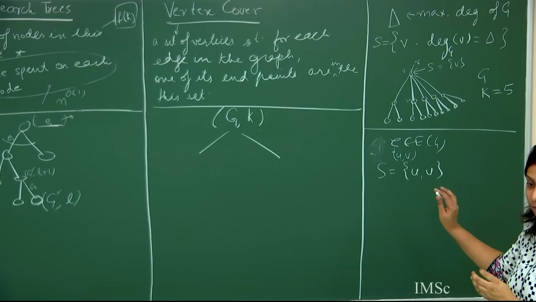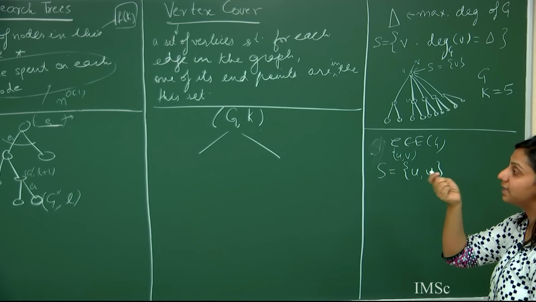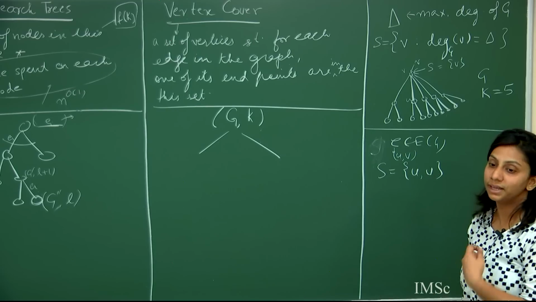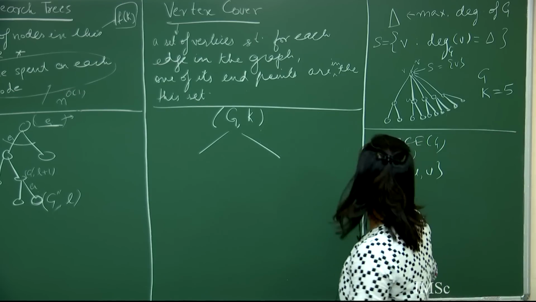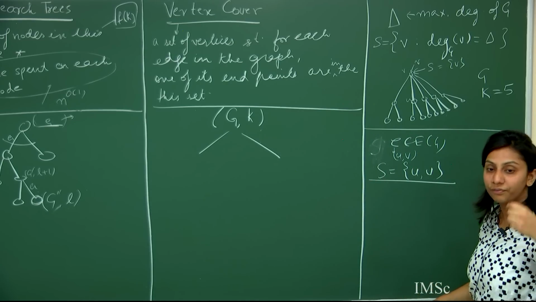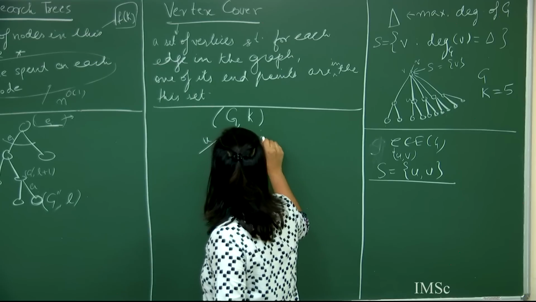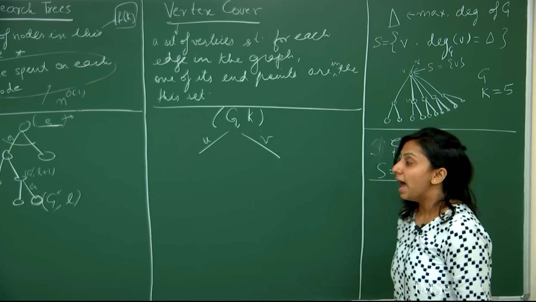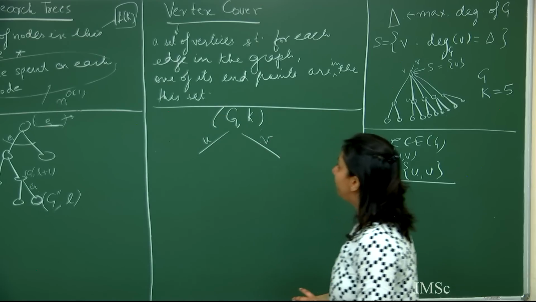Why? You see that why? Because one of the endpoints has to be there in any solution, right? So I can branch on this set S. So a set S for vertex cover is the endpoints of any edge. I'm going to branch on U and V. What does it mean when I say I'm going to branch on U and V?